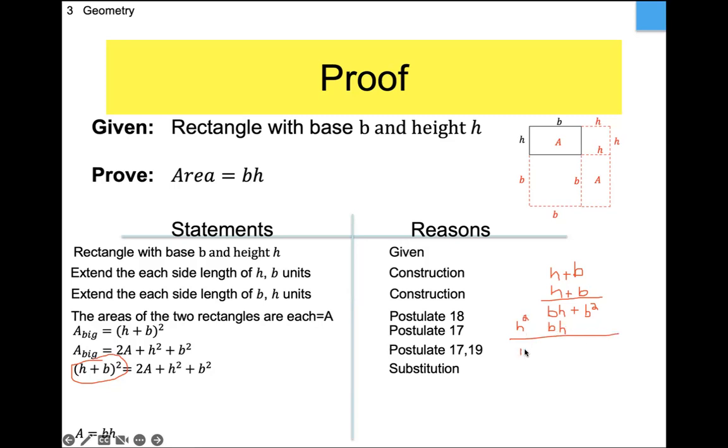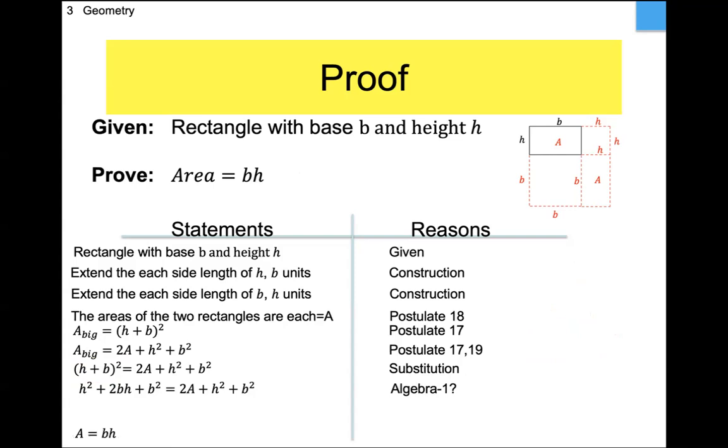That would be H squared, it looks like an N squared, but it's H, plus 2BH, since a BH plus a BH is 2BH, plus B squared. So that is what circled there in red turns into. I'll erase all that in a second, but it turns into H squared plus 2BH plus B squared. Now I'm going to erase everything. Okay, so that's just some algebra, multiplying binomials.